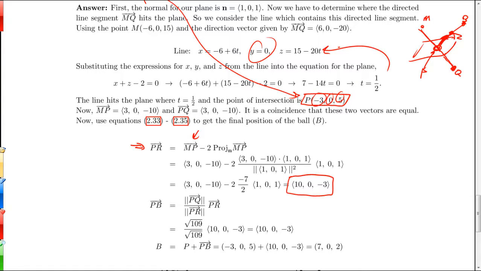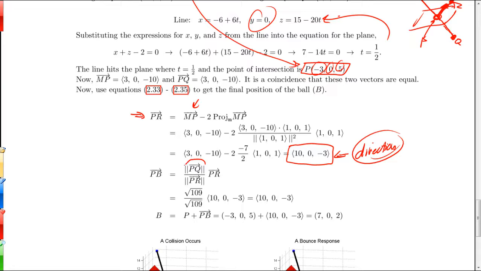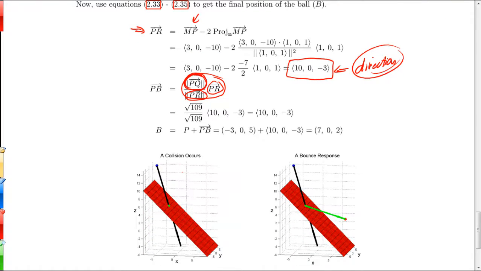But this just gives me PR. That doesn't give me the right distance. So this is the correct direction of my bounce. That's almost there. I want to get the correct distance, and that distance is PQ. So I take PR, the vector PR, divide by its length, so now it has length 1, multiply it by the length that I want it to be, and it now has the correct length, correct distance, and it turns out that PQ and PR in this specific example are actually the same length.